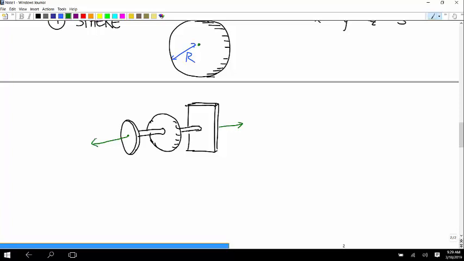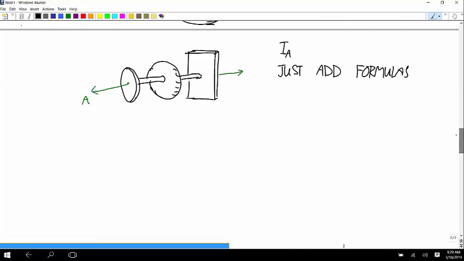You can just add up those three formulas. So if this is A, for I sub A, just add the formulas. But that's a pretty special case.